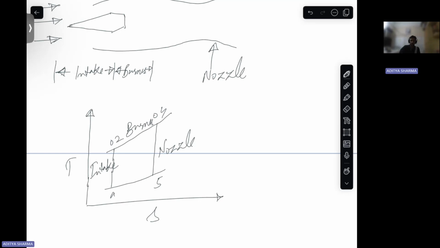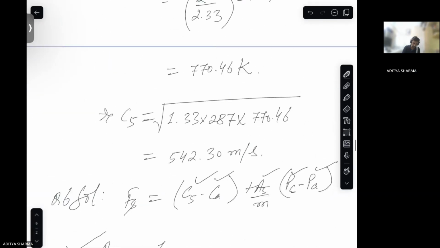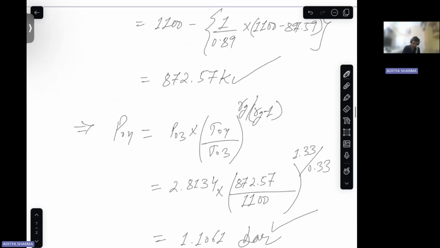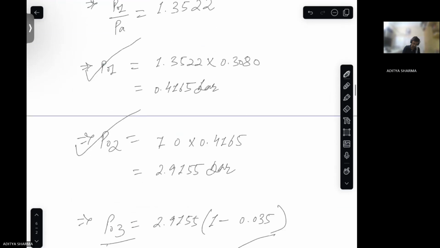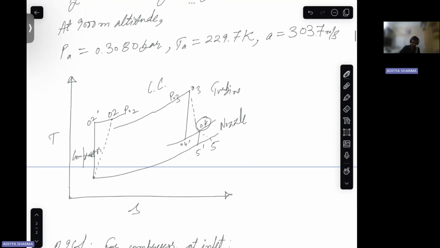So the reason for skipping 3 basically is that here expansion is not taking place in turbine, right? So if you see the turbojet engine diagram, the expansion takes place in the turbine. So in the example, we have drawn this. If you see this, this 3 to 4 is not there in Ramjet.